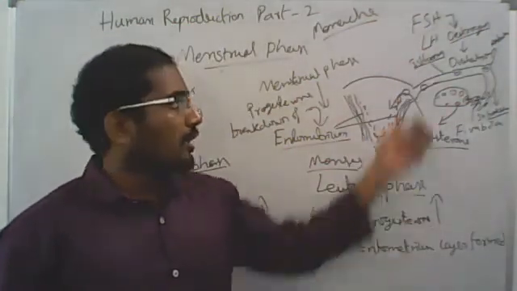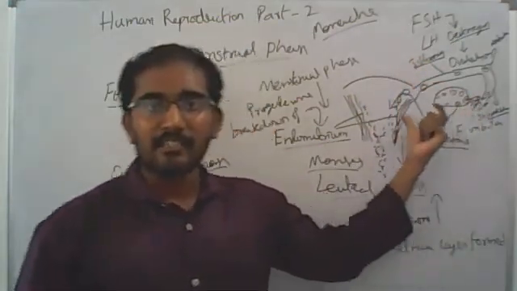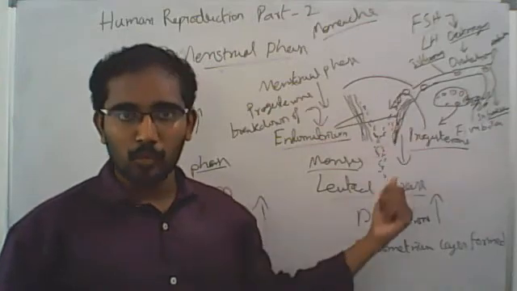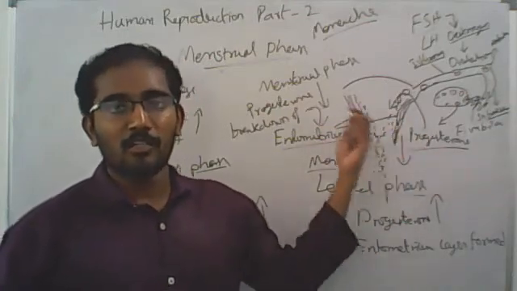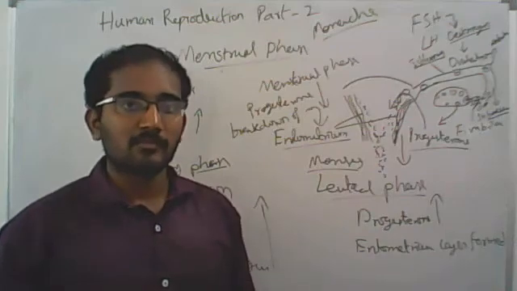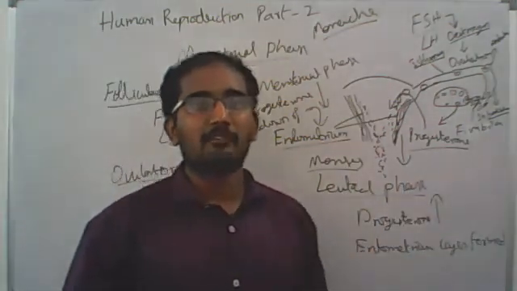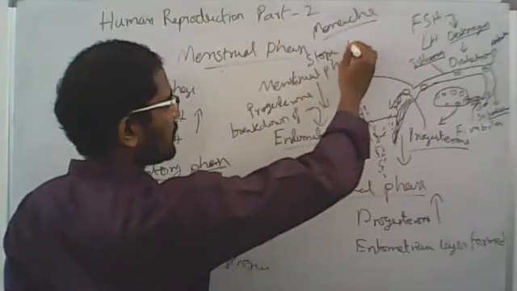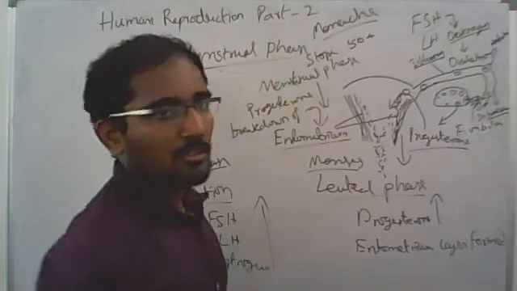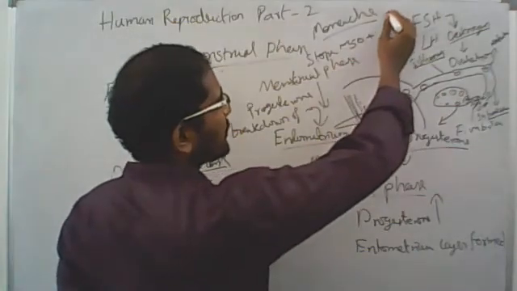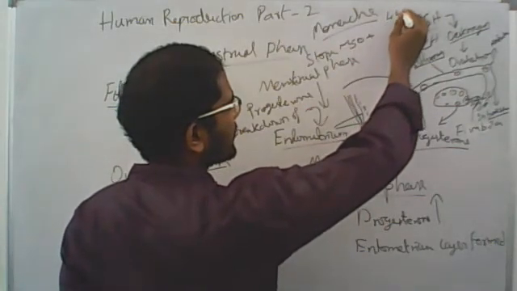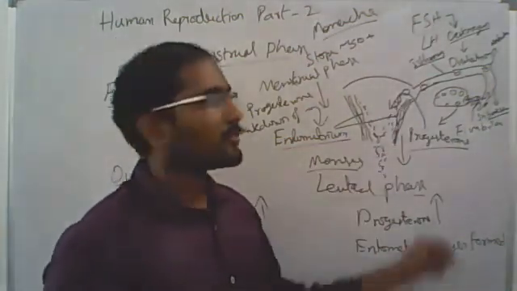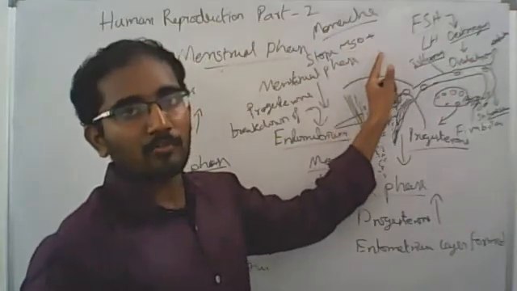Another thing is that the menstrual cycle is not permanent. It will not last for the entire life of a female. It will stop at a certain level, at the age of 50 plus. Some people stop even at 46, 47, and some at 48. In general, it is approximately 50 or 50 plus.